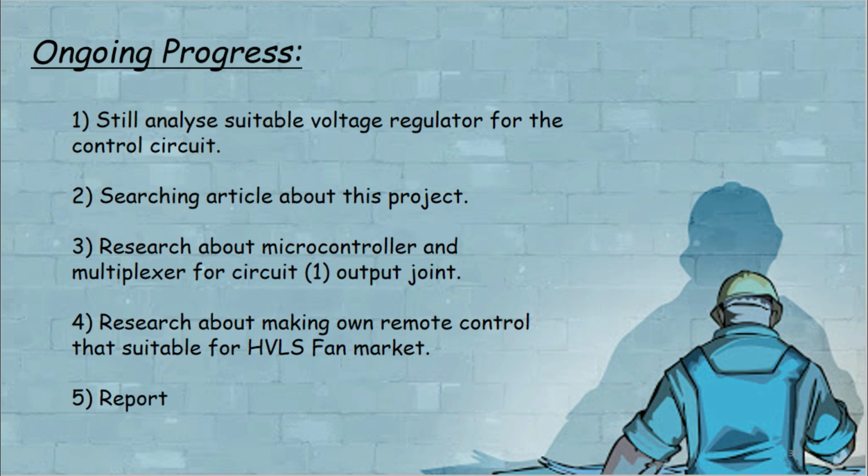And number 4, I also do some research about making my own remote control that is suitable for the HVLS fan market, because this product will be used, so I need to develop my own remote control to be a proper product. And last, writing the report for chapter 1, chapter 2 and chapter 3, which are introduction, literature review and methodology. That's all for the ongoing progress that I do right now.